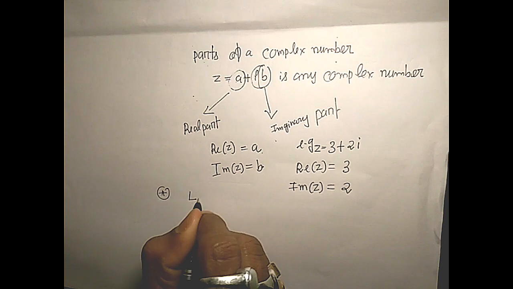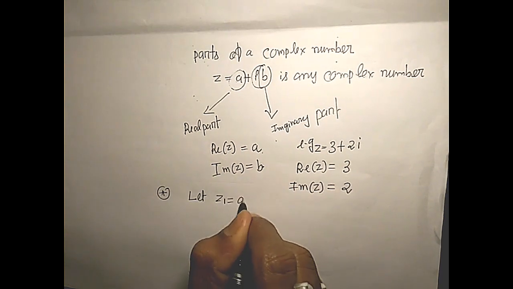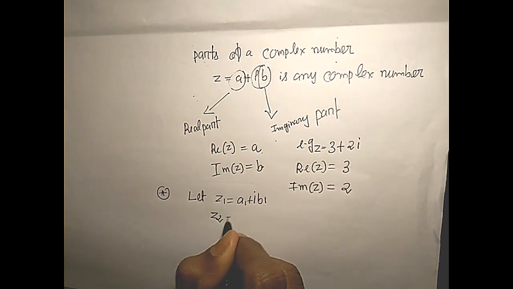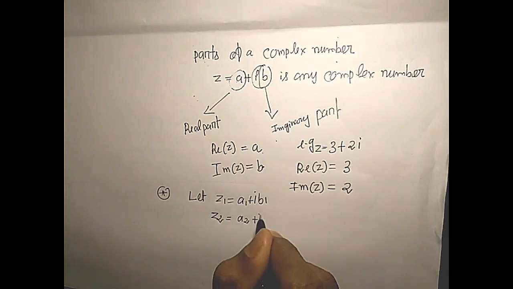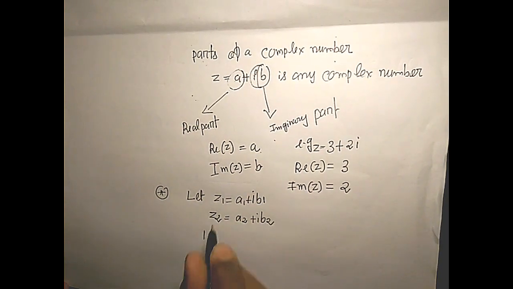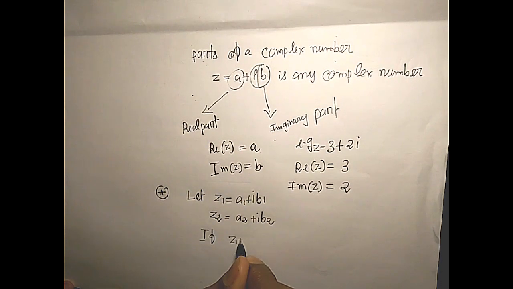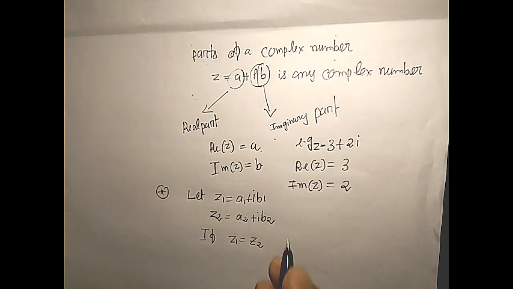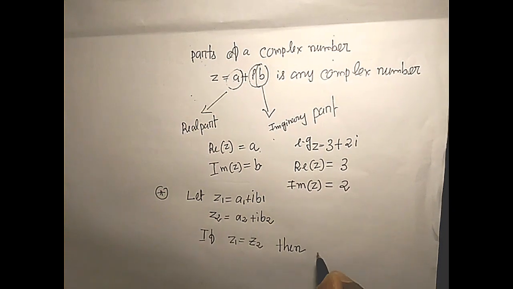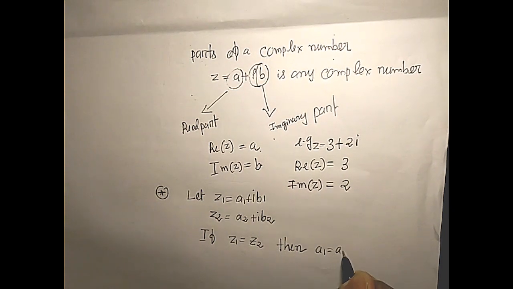So let us discuss some properties. Let z1 equals a1 plus ib1, z2 equals a2 plus ib2. These are any two complex numbers. If z1 equals z2, then a1 equals a2 and b1 equals b2.